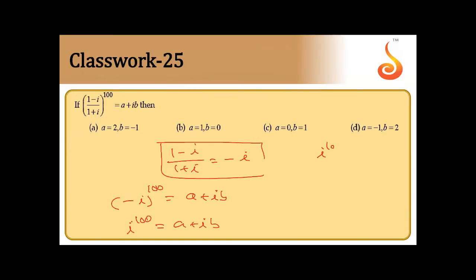The value of i power 100 is nothing but i power 4 whole power 25. i power 4 is 1, so this is nothing but 1. So a plus ib equals 1, that is 1 plus i into 0. Take the answer. What is a? What is b? The LHS value is 1.